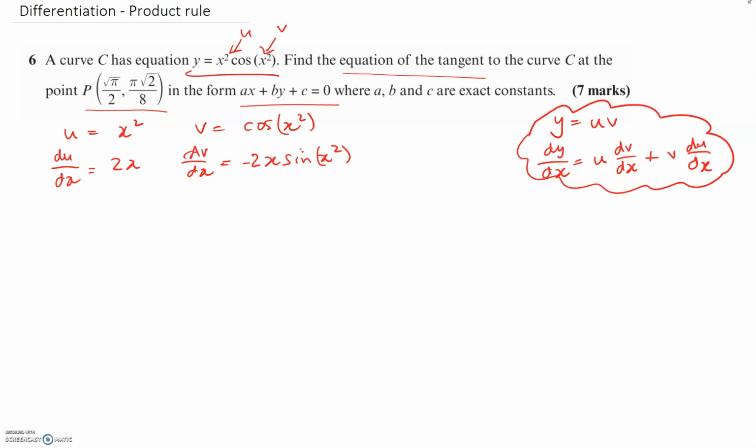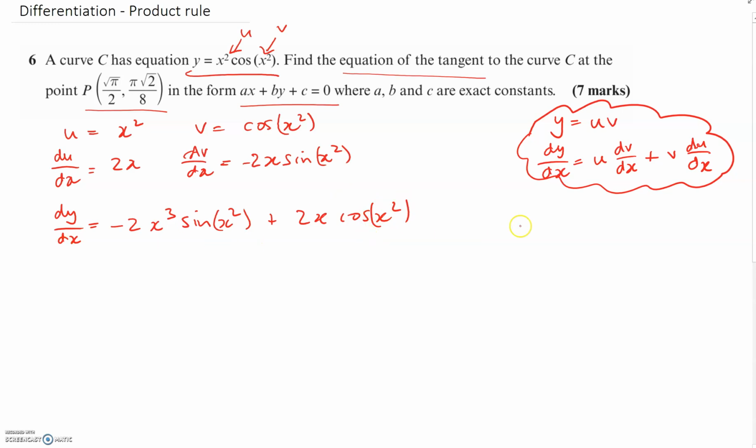Okay, so those would be our results, and then to find dy dx, we'll just apply the rule up here. So it doesn't matter which order you do this, by the way. So say I do u times dv dx, that gives me minus 2x cubed sine x squared, plus v times du dx, which would be 2x cos of x squared.